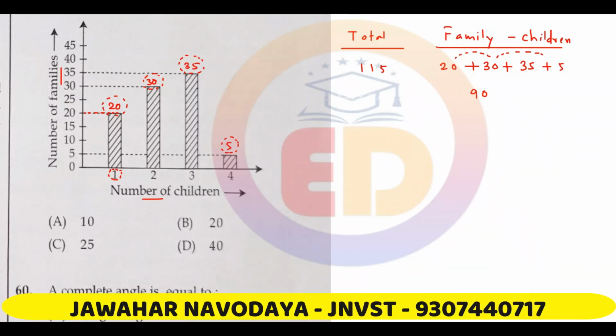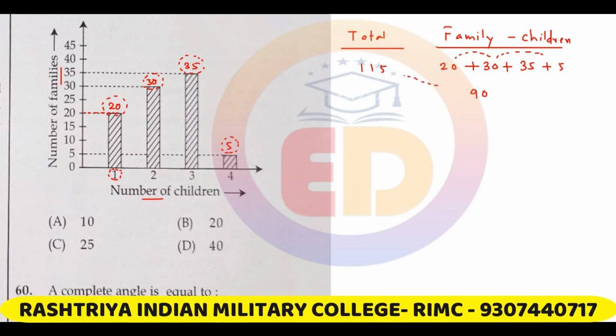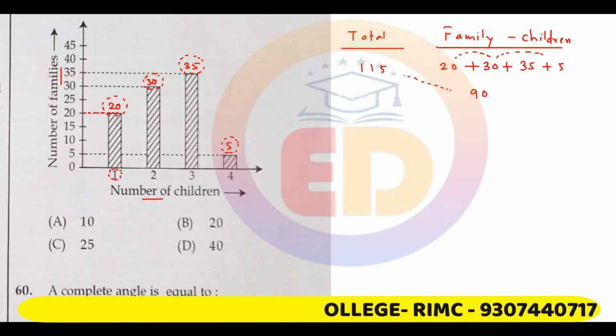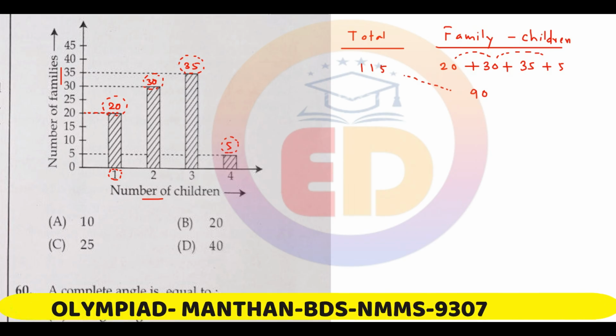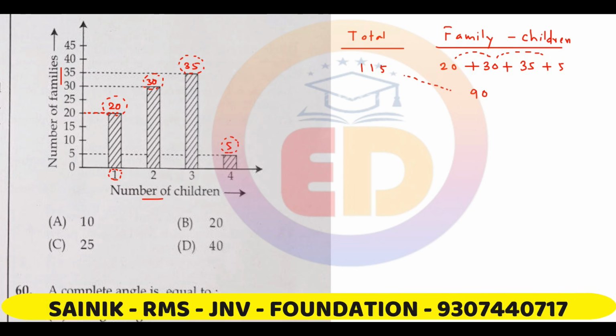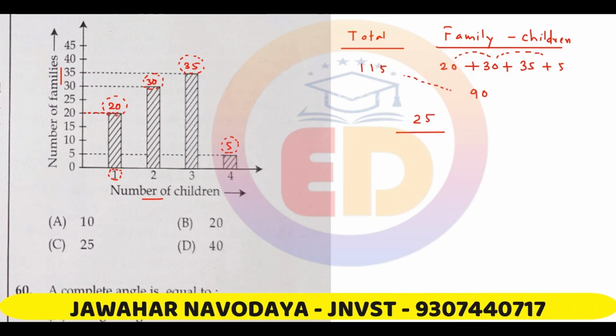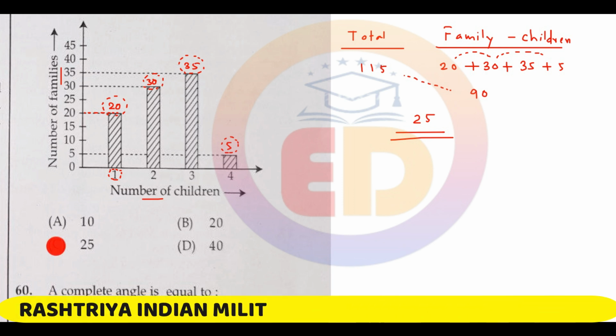Children की बारे में बात है, क्योंकि 1 है तो children नहीं बोलेंगे. और अब आप इन दोनों का डिफरेंस ले लीजिए. So 115 minus 90, answer is 25. So there are 25 families which have no children. Answer is option C.